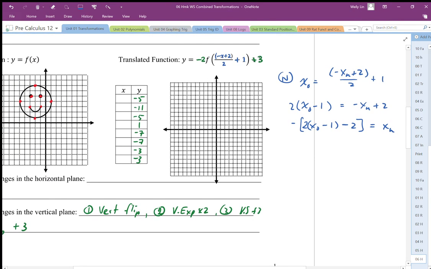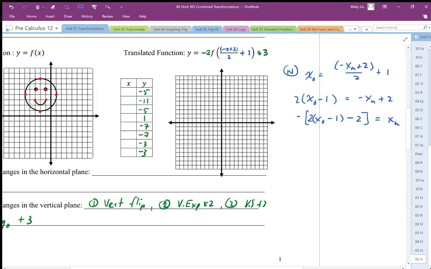So the transformation, if I look at this, is left 1, then horizontally expanded by 2, the third thing is left 2, or -2, and then lastly a horizontal flip.